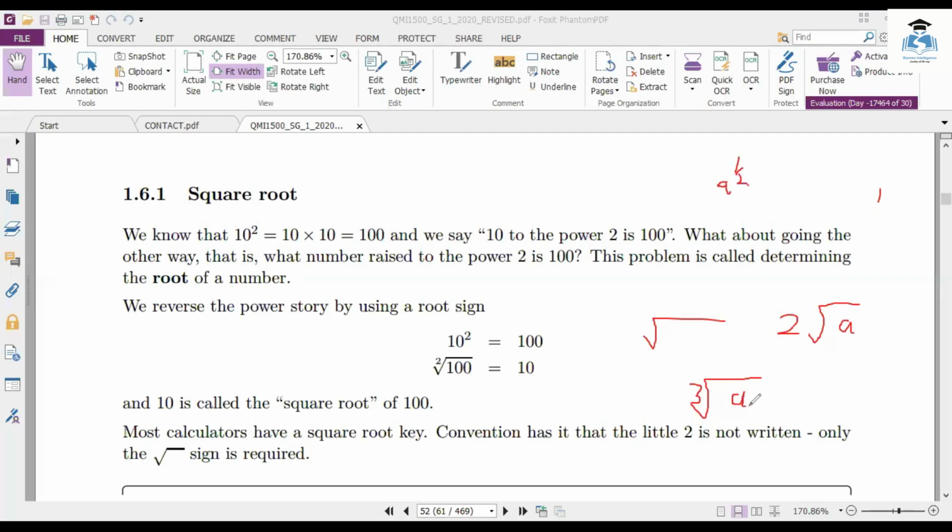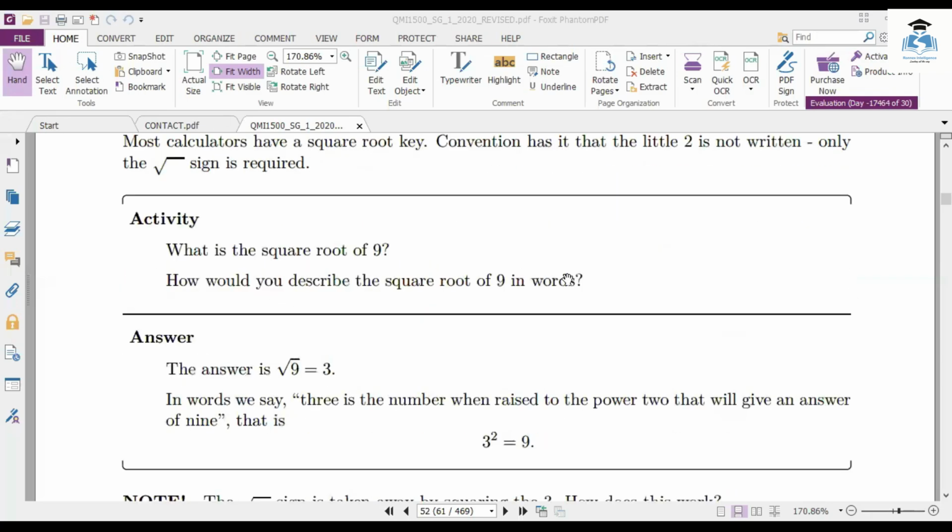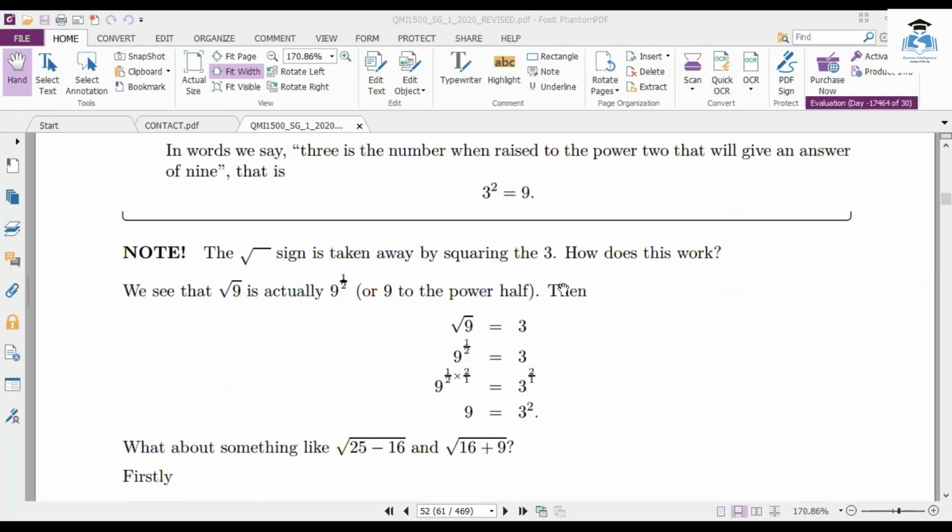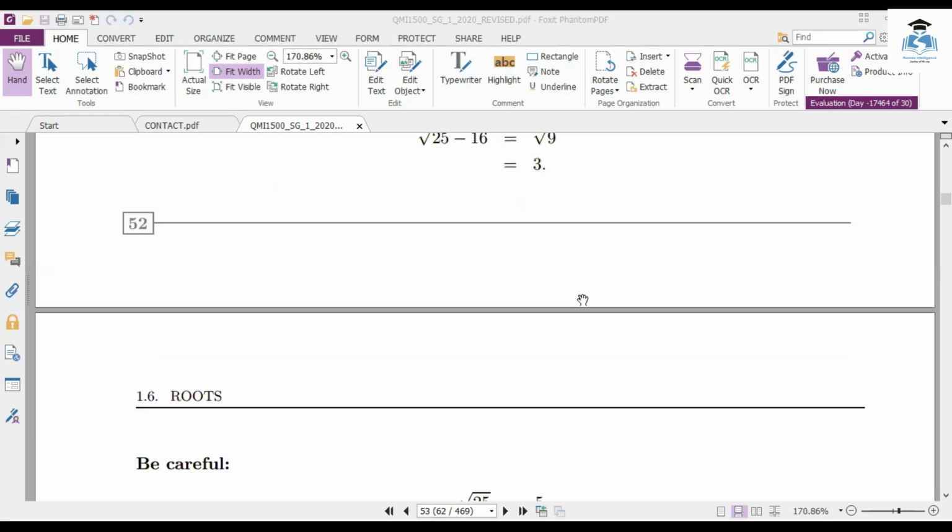If we put 3 here, it is the same as a to the power 1 over 3. If we put 5 here, it is the same as a to the power 1 over 5. So take note of this. It will make sense later.